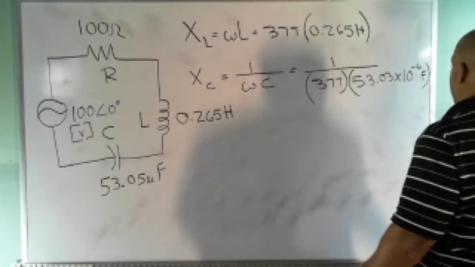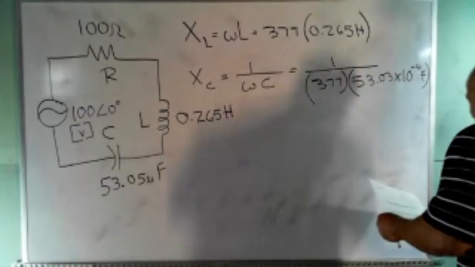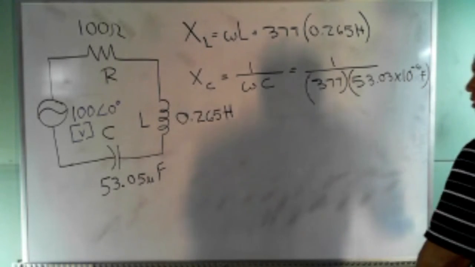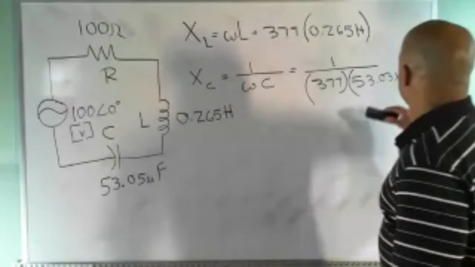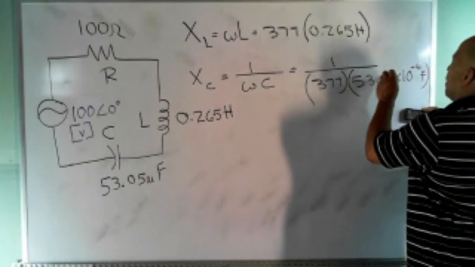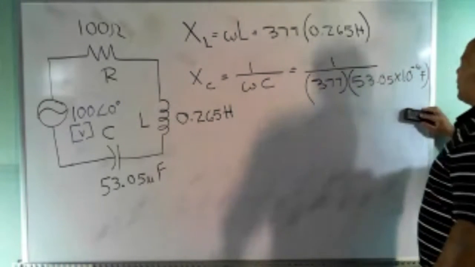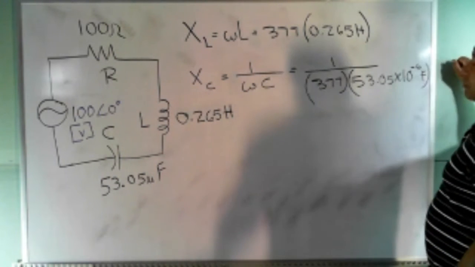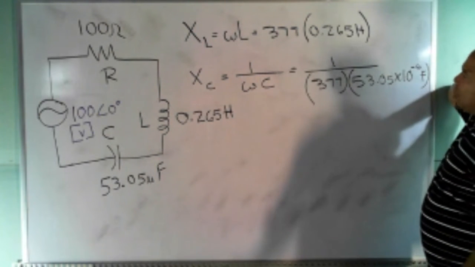Is it 5303 or 5305? You're right, I wrote it over here. All right, 5305. Thank you. All right, so give me XL. Tell me what that is. How many ohms?